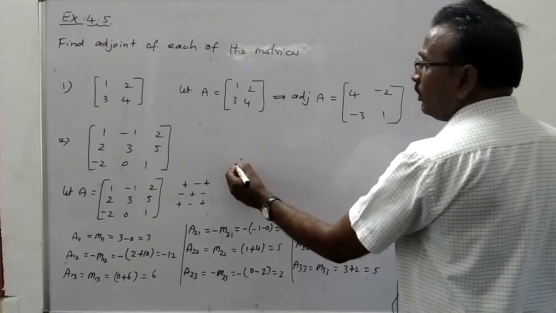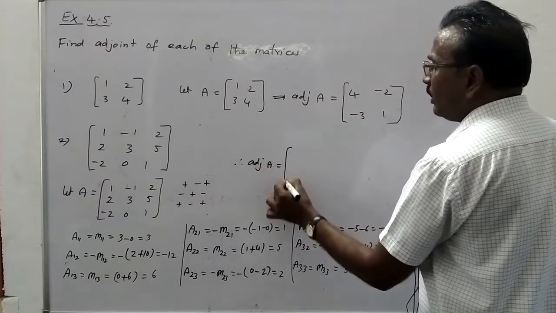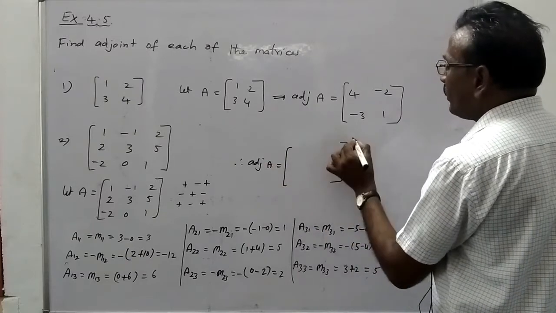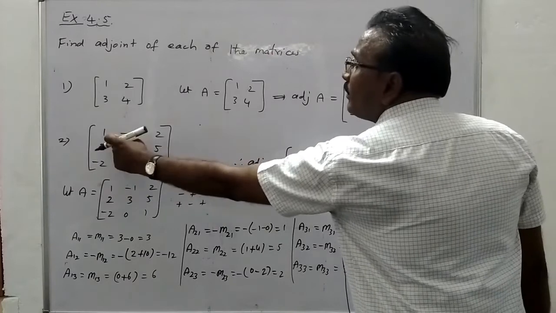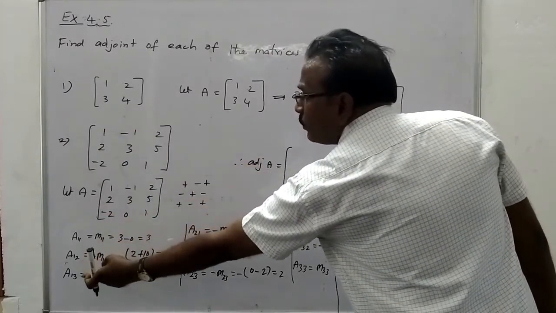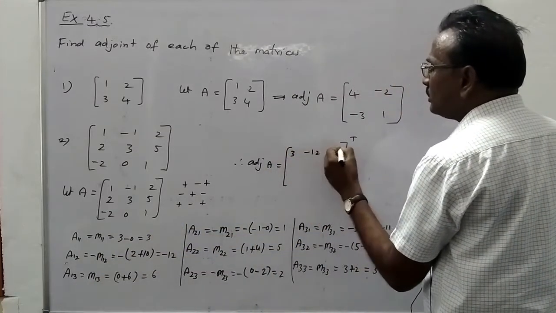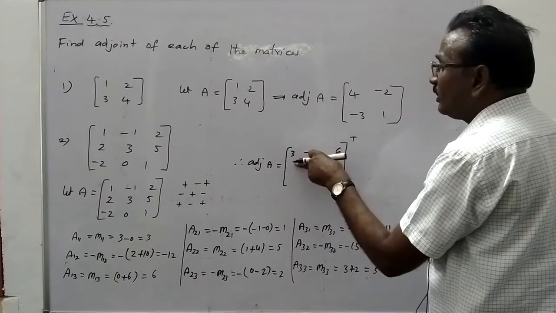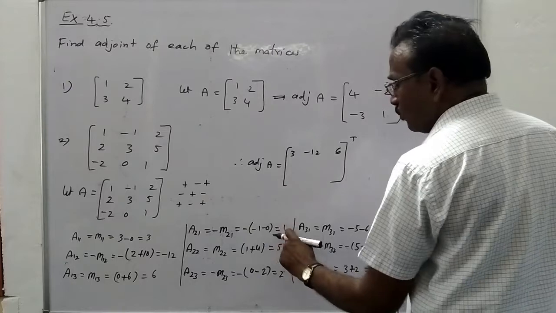Therefore, the adjoint of A is the transpose of the cofactor matrix. What are the first row cofactors? Capital A11, A12, A13 are 3, minus 12, 6. The transpose of the cofactor matrix is called the adjoint of A. Second row cofactors are 1, 5, 2.